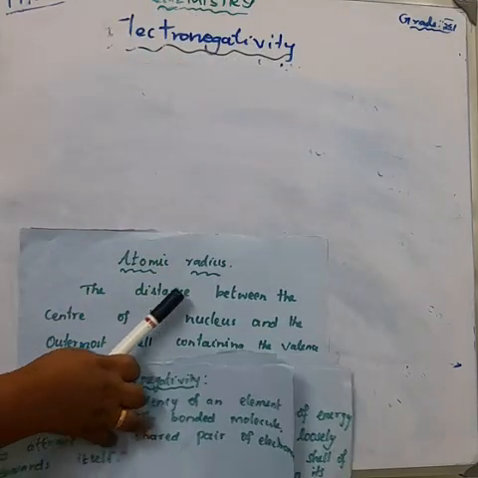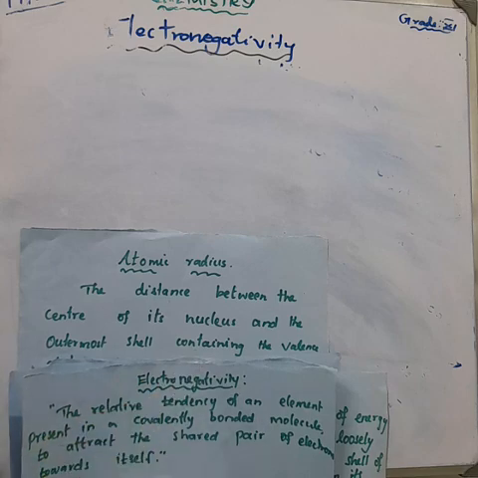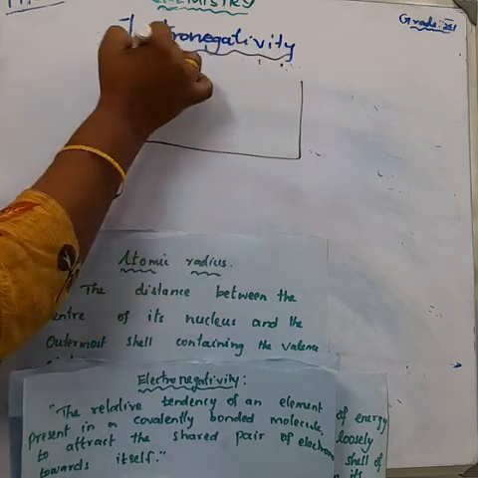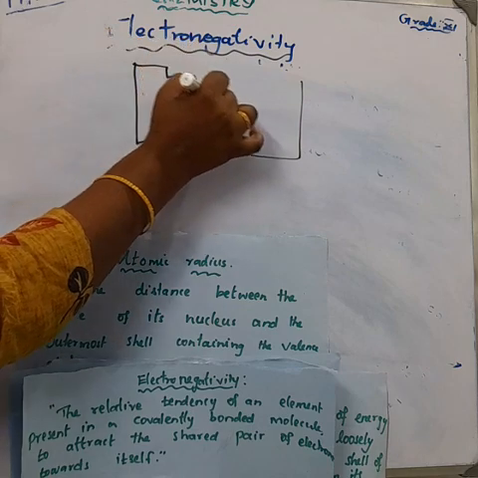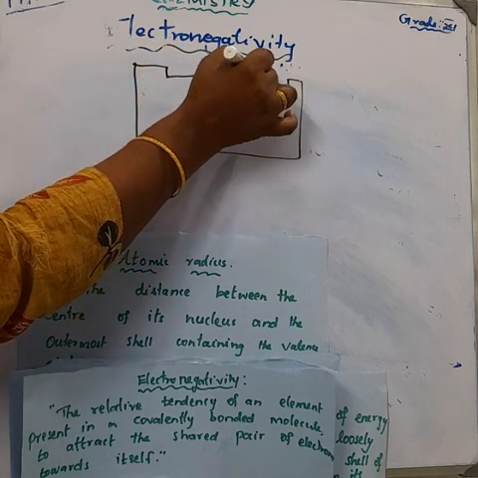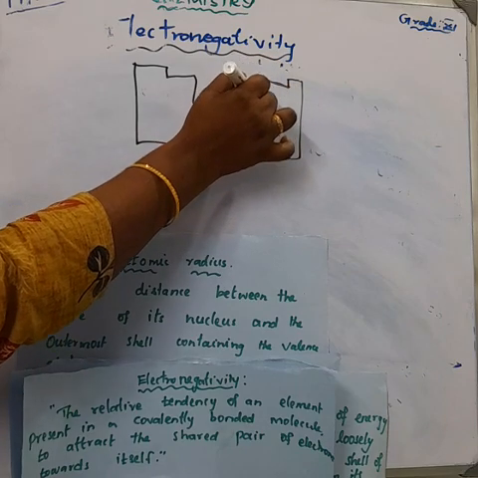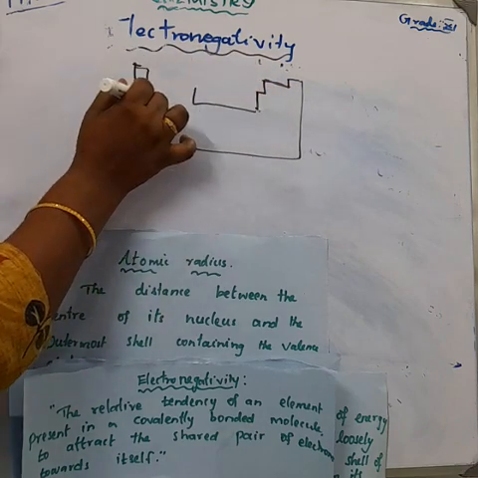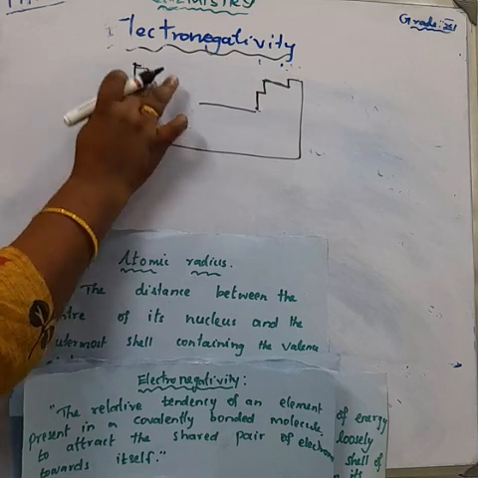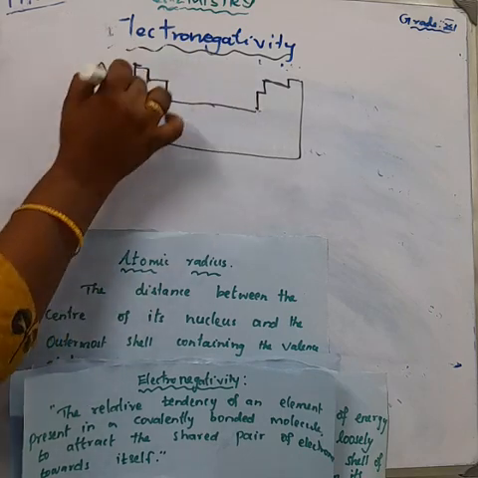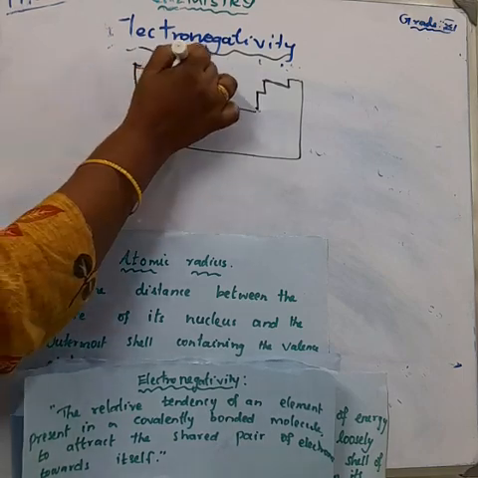So what are the periodic trends in properties along the periods and groups? Atomic radius: we know that along the periods atomic radius decreases because the atomic number increases, but the extra electrons are added to the same shell. Because of this, the nuclear force is high, so the nucleus tends to pull the electrons very closely towards itself.